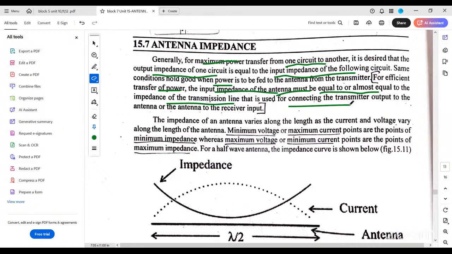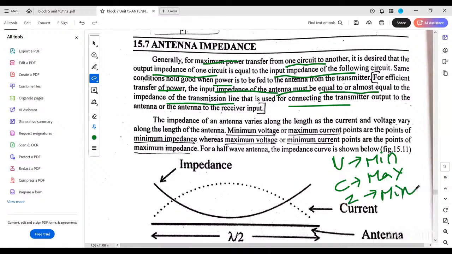In the second paragraph, you write the conditions. Voltage is minimum, current is maximum, then impedance Z is minimum.